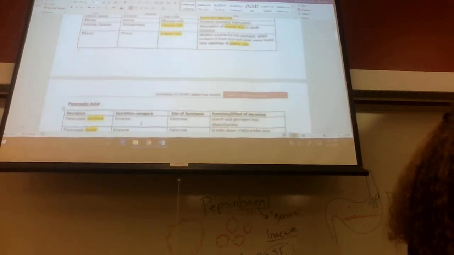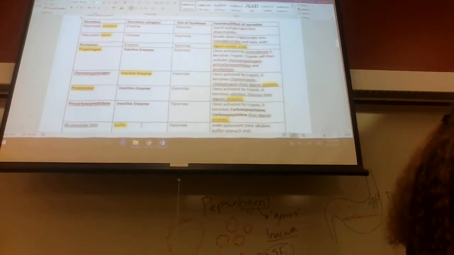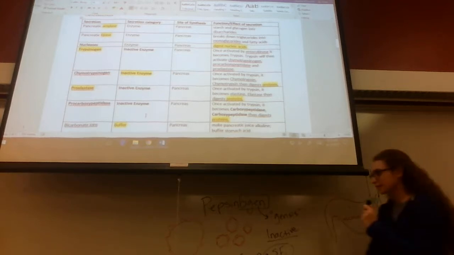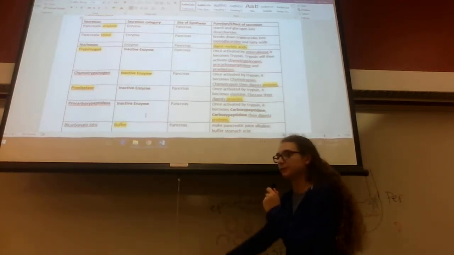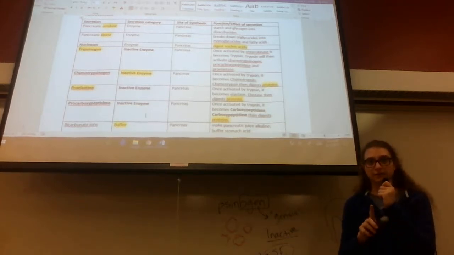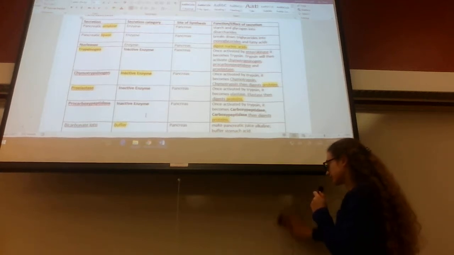It's pretty straightforward, right? Now we get to the pancreas. So the stomach, as you can tell, was very simple because the stomach basically only broke down lipids with gastric lipase, and it only broke down proteins, right?